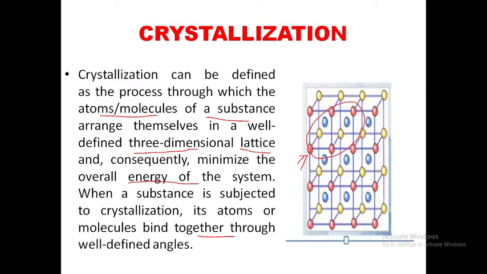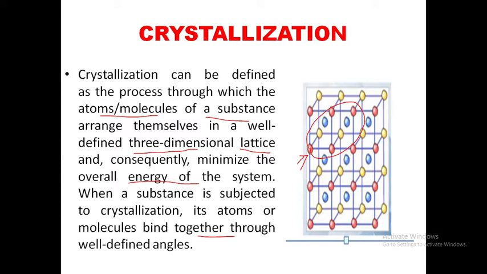What is crystallization? Crystallization can be defined as the process through which the atoms or molecules of a substance arrange themselves in a well-defined three-dimensional lattice or structure, consequently minimizing the overall energy of the system.